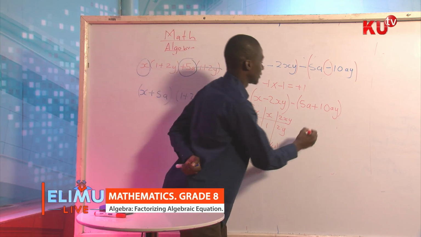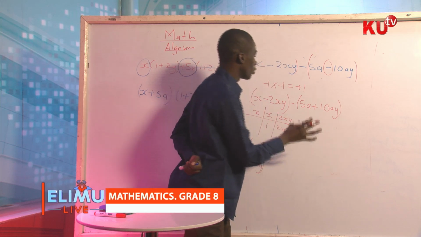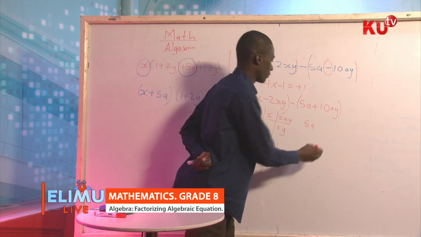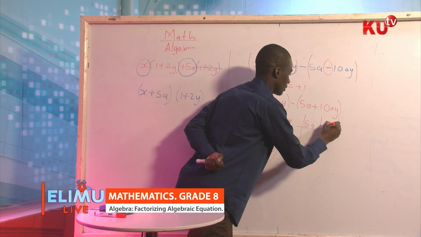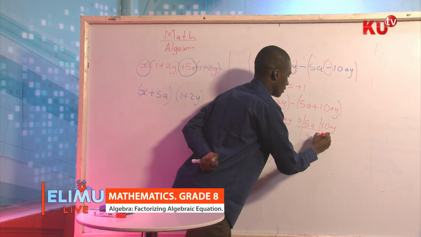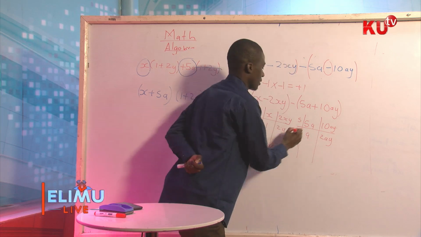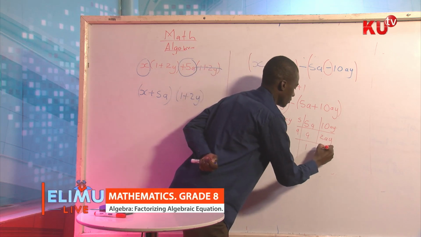The second part, 5a. We had obtained already our GCD as 5a. I'm not going to repeat it, but for the interest of the learners who have joined in, 5a, this will be 2ay, a, this will be 1, 2y.